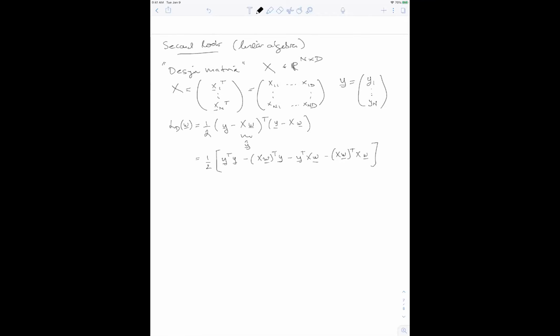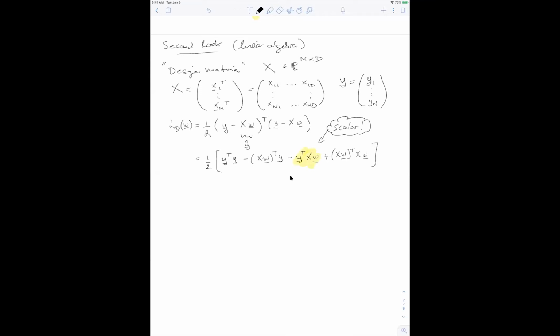And yes, the final term should be a plus. Thank you. Good. All right, I think we're typo free. I want to point out now that this is a scalar. It may not be immediately obvious.